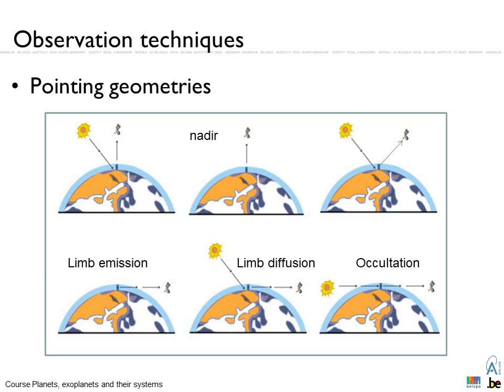Limb observations can be done again at night, looking directly at the emission from the atmosphere itself, or during the day. A particular case of limb observation is occultation, during which the instrument looks at a star or at our sun.